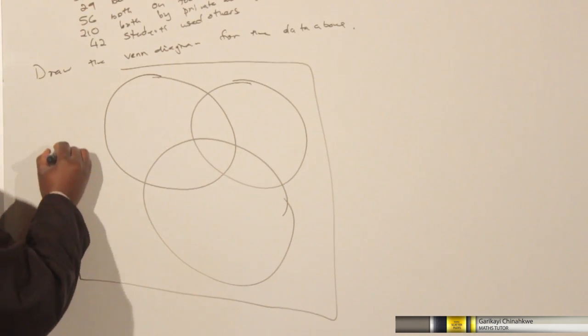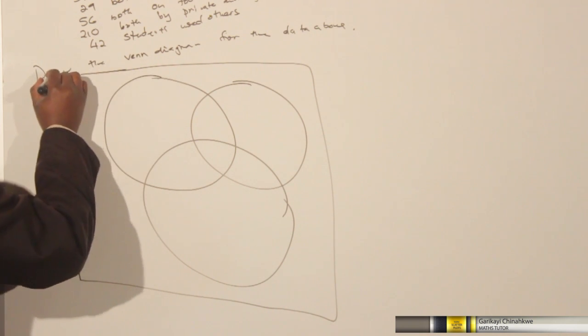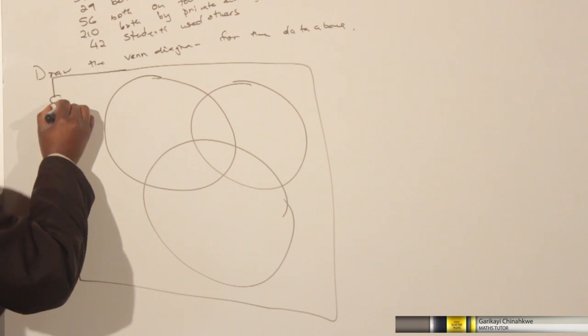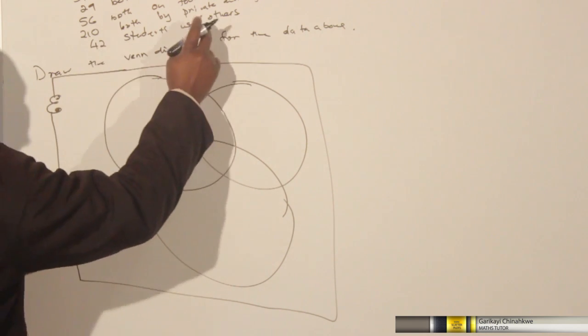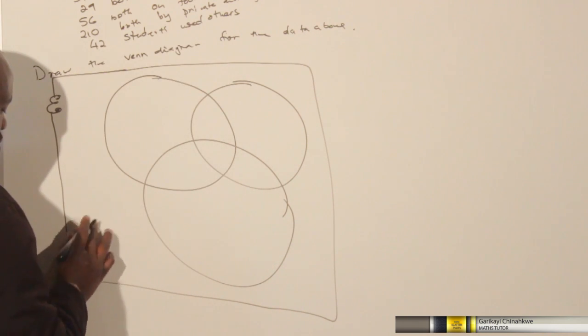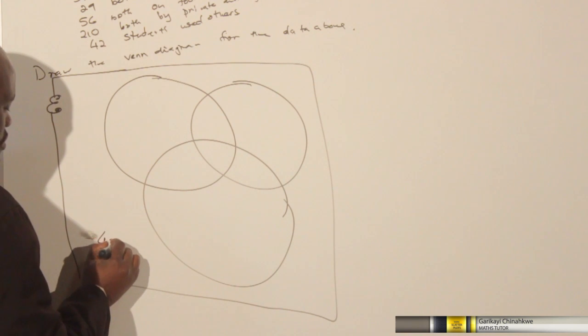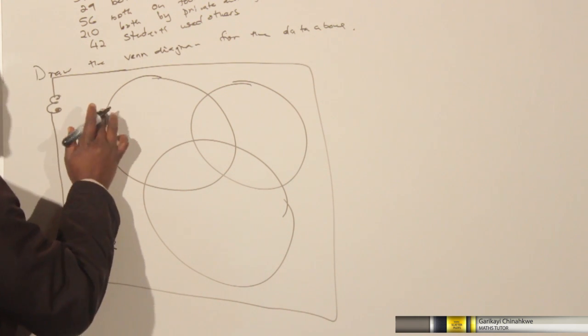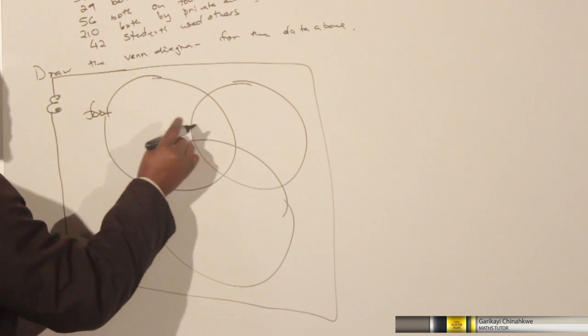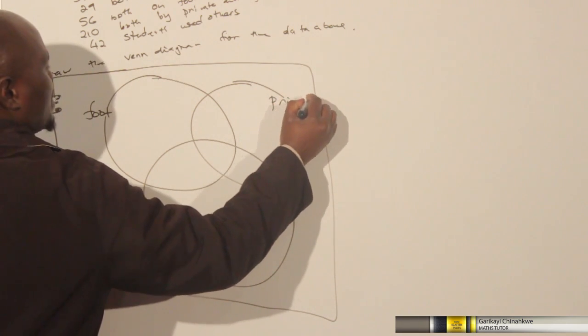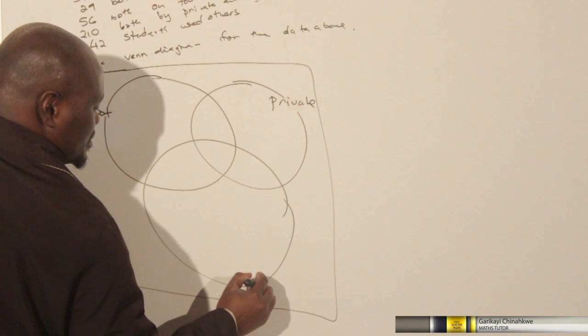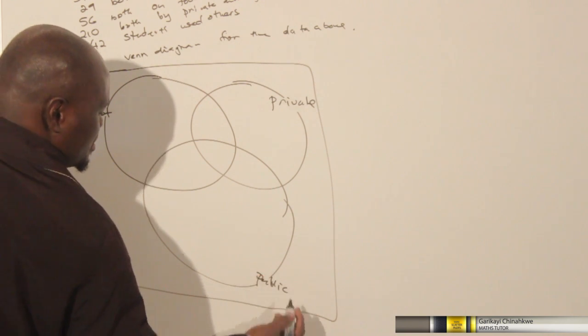This represents others. So this is the Venn diagram, which is like this. Then others, we can see that 42 used others. So this is 42, and then this is foot, this is private, and this is public. Okay, this is like this.